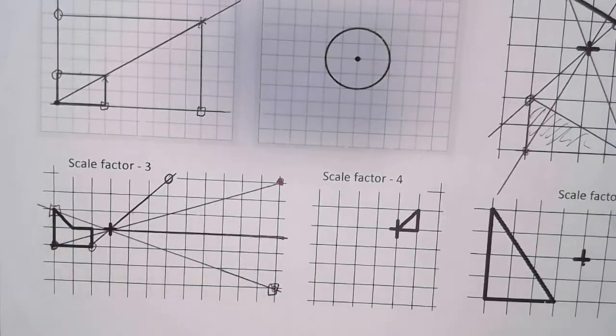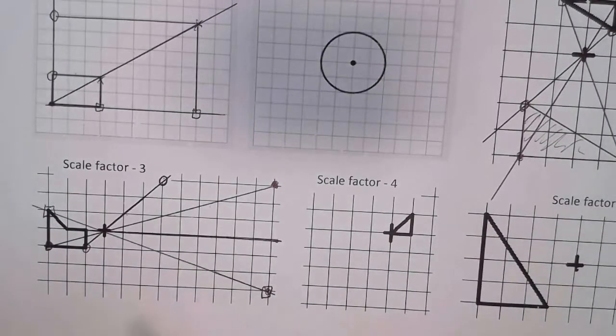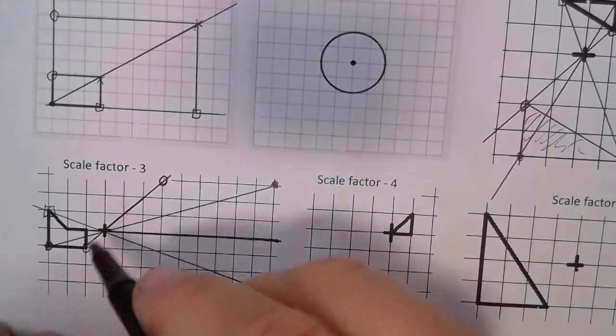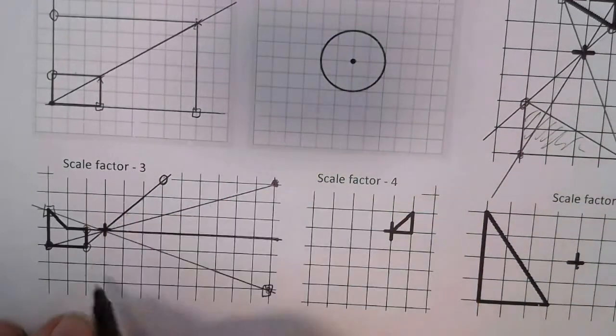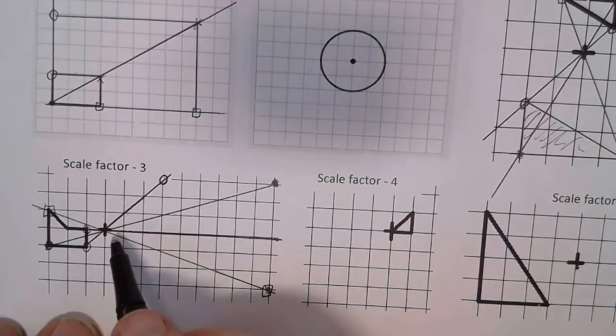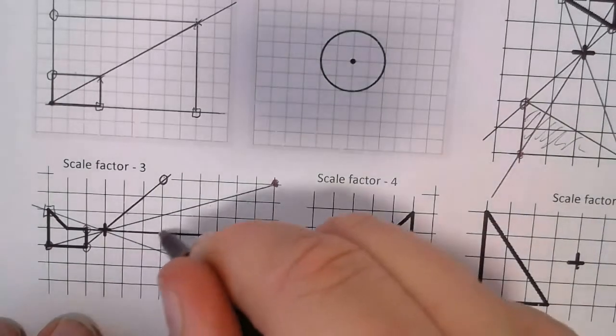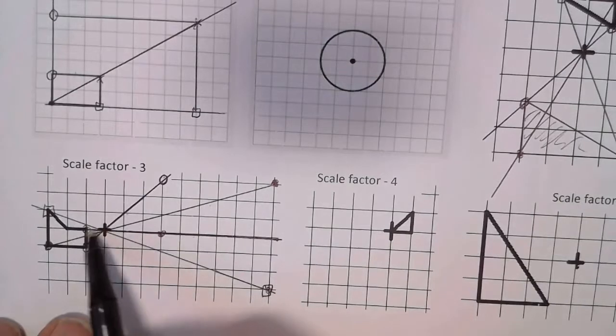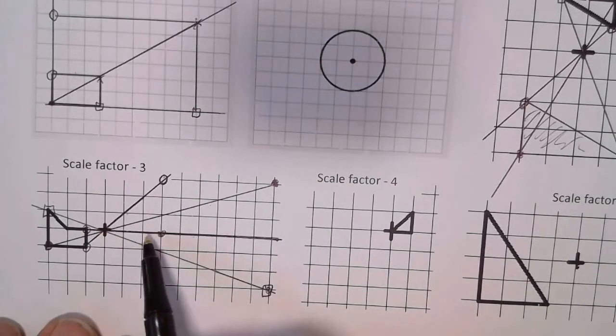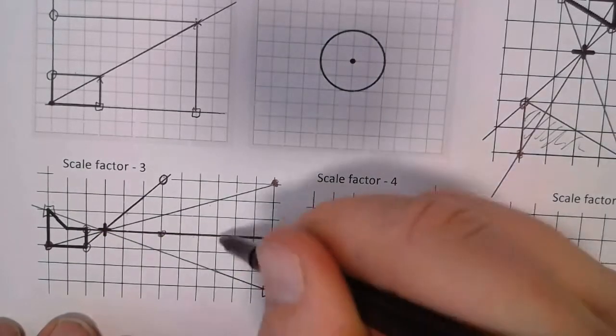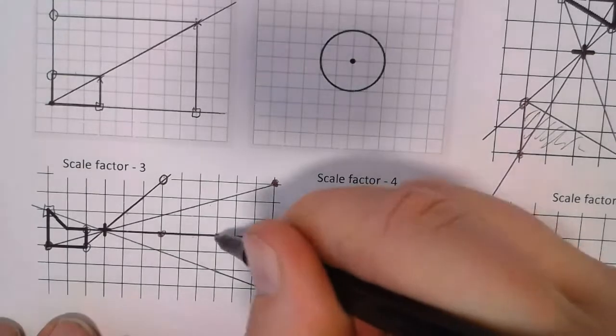So I'm starting to see how this shape looks, but I've got 2 more points to put in. This point here is just 1 across away there, so I'm going to go 1, 2, 3 across away here. And this point here is 2 away there, so 2, 4, 6. It will be just here.